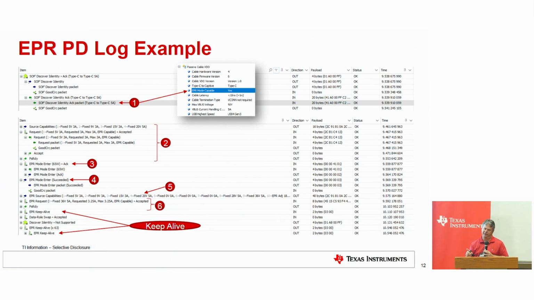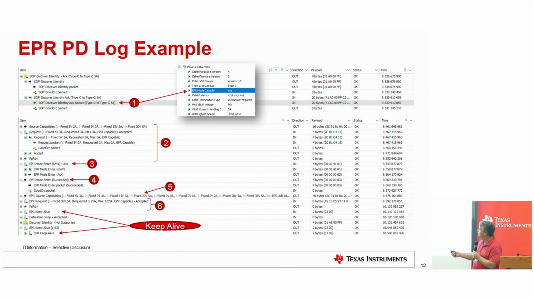There's actually an SOP double prime for the other end of the cable. You could be talking to either side of the cable. But in this case, we're discovering the identity of the cable, the SOP prime. Just in case you saw that, just want to point that out. And then what's coming back is all this information, and EPR mode capable, yes. So then with that, both sides know now they can move forward with the negotiation.